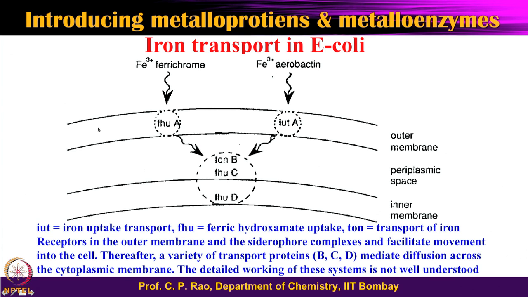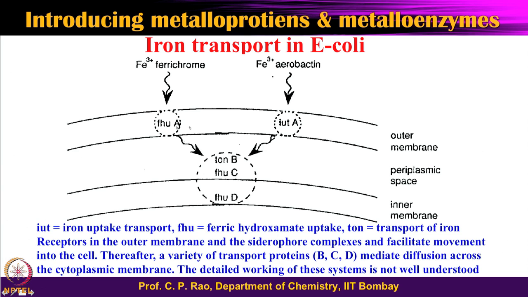coli. So, look at this, you have an outer membrane and you have an inner membrane. Now, iron comes as an iron chelator, iron complex, etc. And this is transferred at the surface to these iron proteins, which are called iron uptake proteins, ferric hydroxamate uptake, transport of iron, TonB.